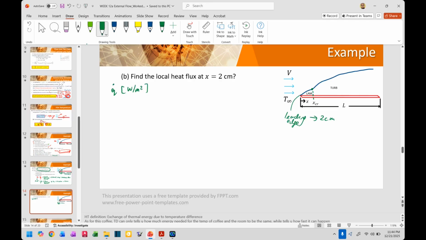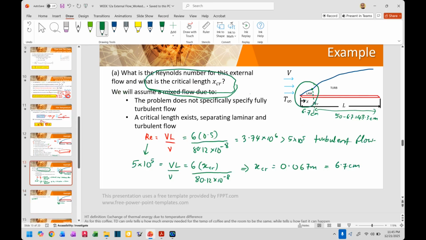Now, if we want to find the local heat flux at 2 centimeters, we have to know which regime 2 centimeters is in. Is it in the laminar or is it in the turbulent? So we look back in our example A, 6.7 centimeters is the transition between laminar and turbulent.